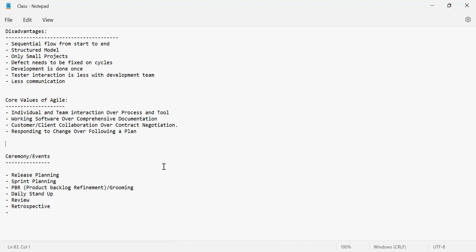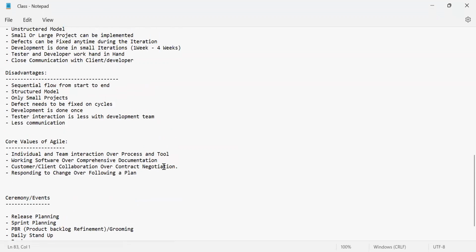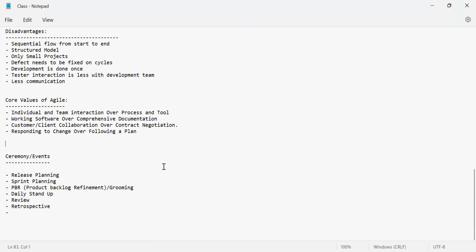With that, we are done with the basics of Agile. Now, let us move to what Scrum means.